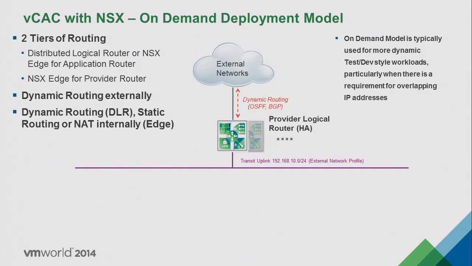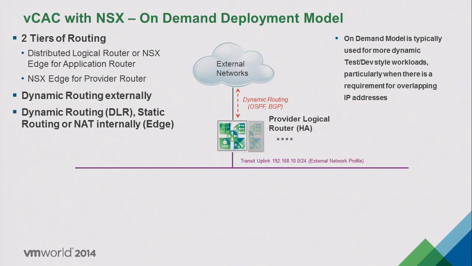But essentially in the on-demand model, what we do is we deploy a provider logical router. So this is provided by NSX. And it's actually our gateway for routing traffic, north-south traffic to external networks, and then southbound to our logical networks. We also create a transit network, so a VXLAN logical switch, and map that to an external network profile in vCloud Automation Center.